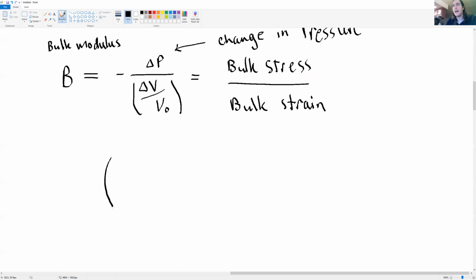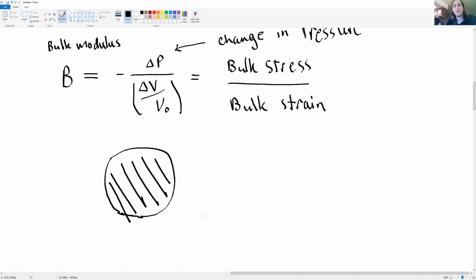Suppose I have some sort of fluid here in a container. Maybe it's like water or something. Maybe I should use blue. Okay. And we apply some pressure from the outside of this fluid.